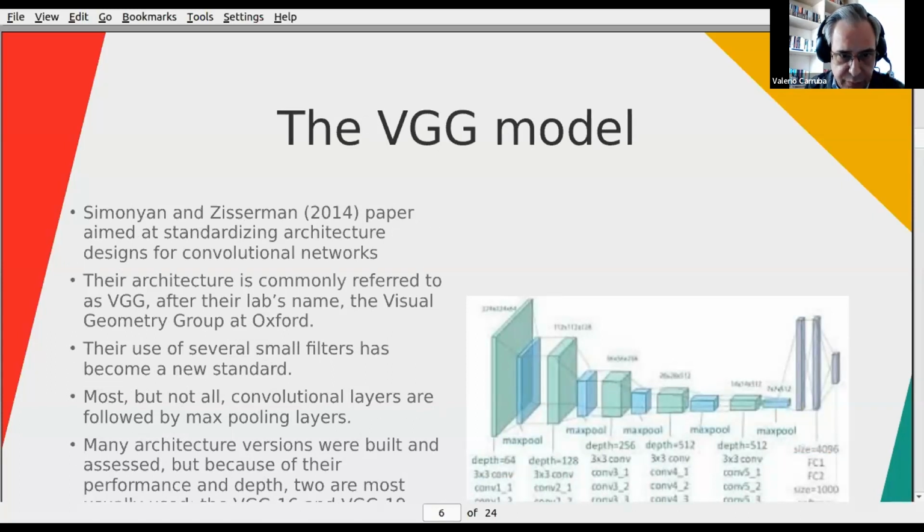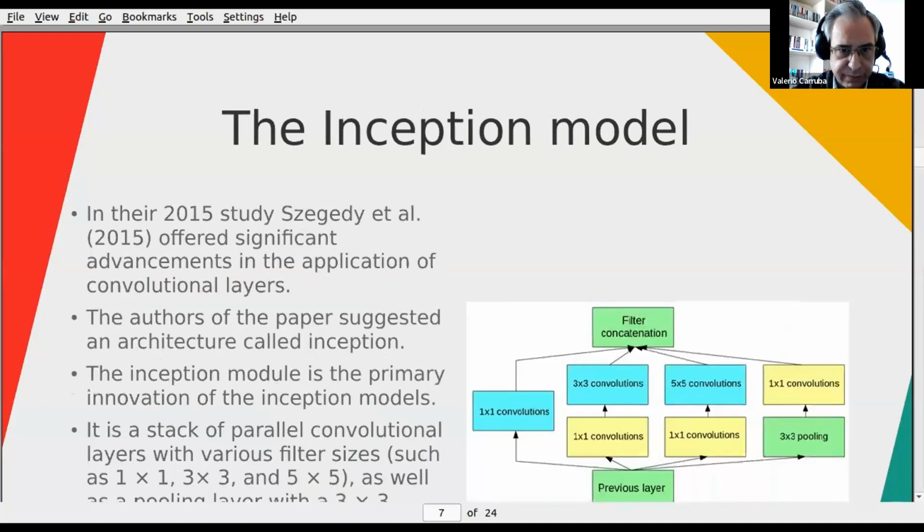Not all convolutional layers are followed by max pooling layers. Many architecture versions were built and assessed, but because of their performance in depth, 2 are the most commonly used, the VGG 16 and the VGG 19. Finally, the VGG study was among the first to make model weights freely available, and this set a trend among researchers in the area of computer vision.